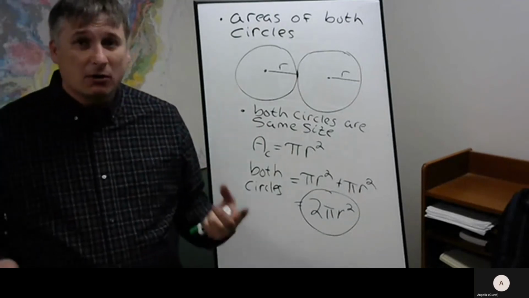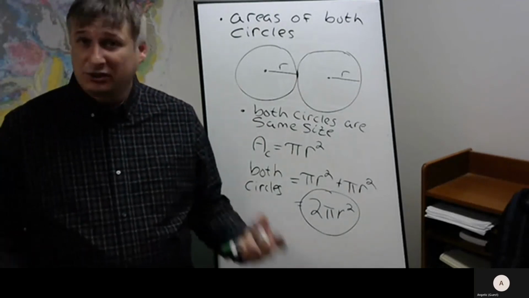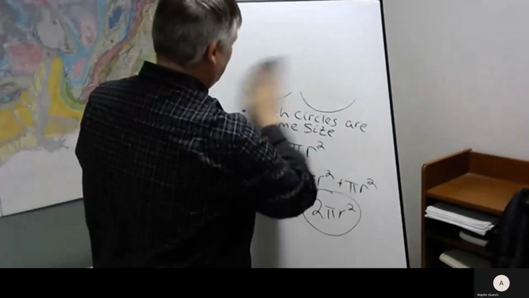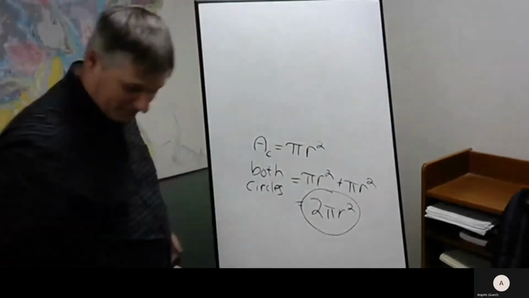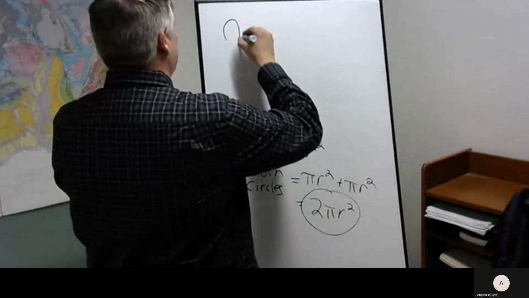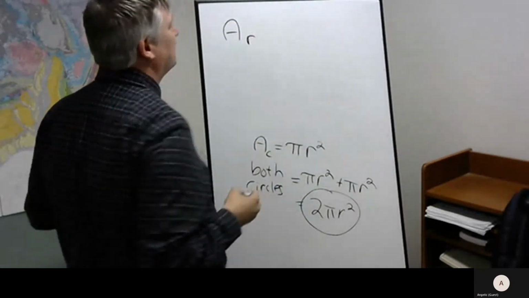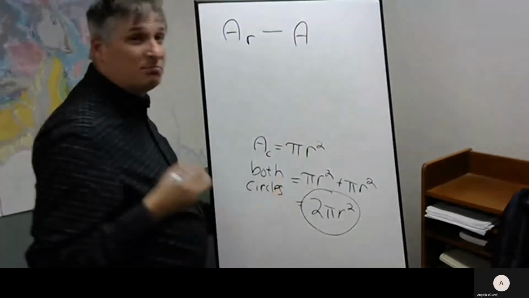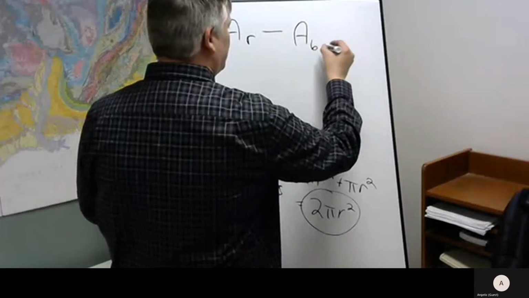So we found the area of both of these circles. Now we can finally follow through with finding the area of that shaded region. Again, you'll take the area of the rectangle and subtract the area of both circles.